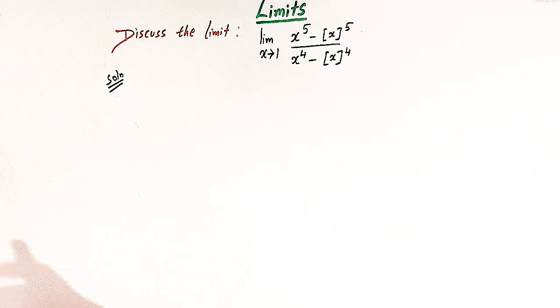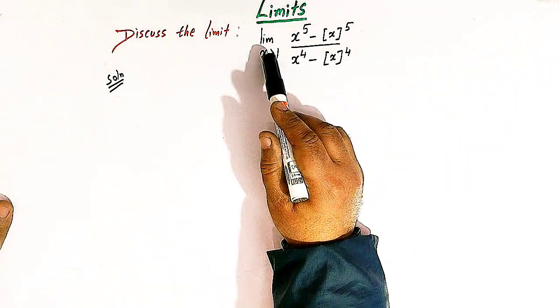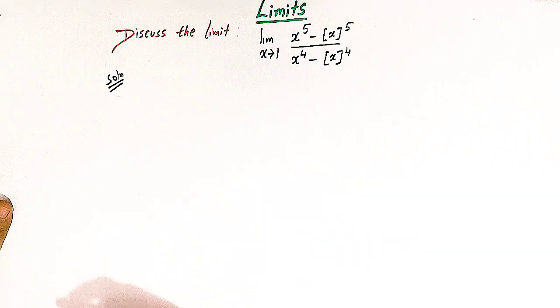Similarly, we see whether the left hand limit exists and is finite. If the right hand limit is equal to the left hand limit, then we claim that the limit of the function at the given point exists. So let us examine the limit of this function when x approaches 1 by finding the right hand limit and the left hand limit.